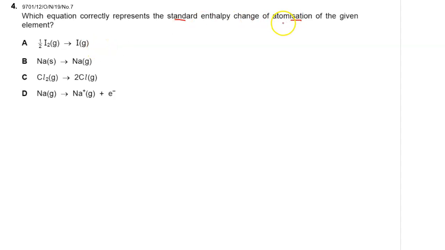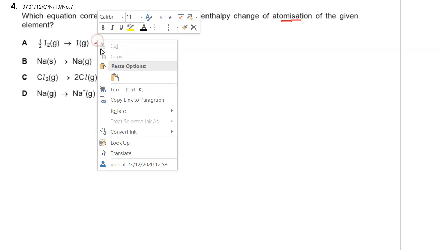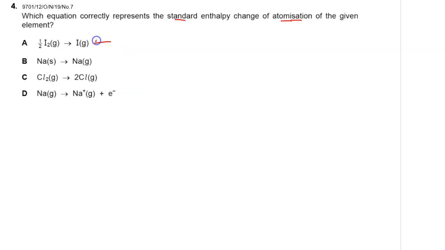Now, look at the first choice, that is part A. In part A, we are finding that an iodine molecule in gaseous state is being converted to an iodine atom.